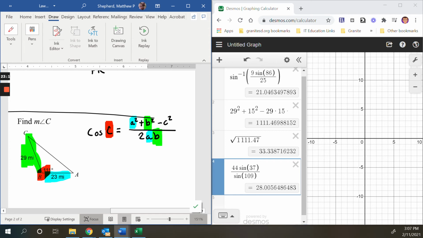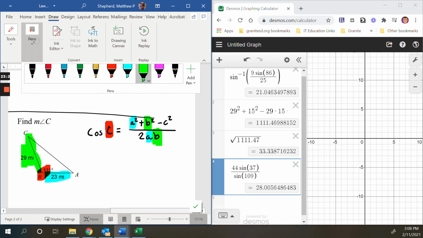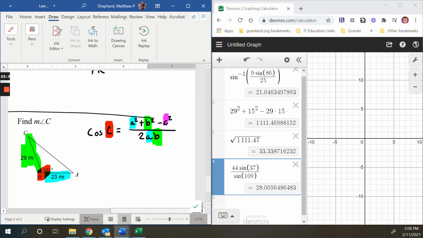Oh, so we've got a challenge here, actually. Notice we're trying to find the measure of this angle up here, but if I use law of cosines, which is really all I can even use right now, what it's going to help me to find, I feel silly for not seeing this earlier, is the length of that side. But that's not the angle we're looking for.